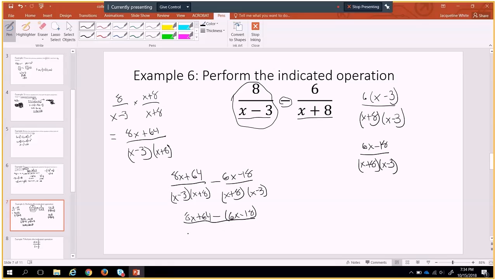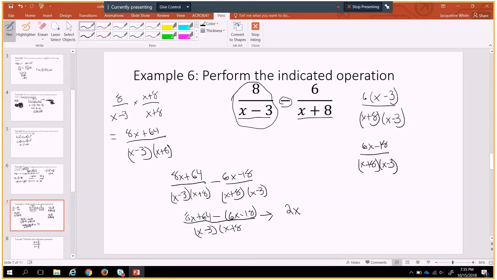All right, so going back to the question, I have the same denominator, so we could just put x minus 3 times x plus 8. Then all we have to do is simplify like terms in the numerator. We have an 8x minus a 6x, so that turns into 2x.